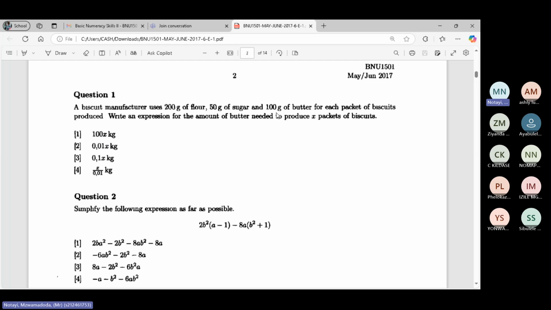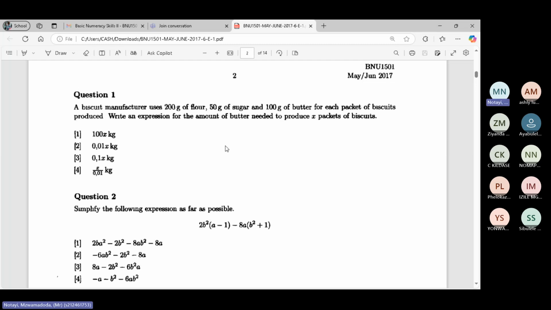We have 100 grams, convert 100 grams to kilograms, so we have 100 divided by 1000. So we're converting to kilo. So we have 100 divided by 1000 to get 0,1.